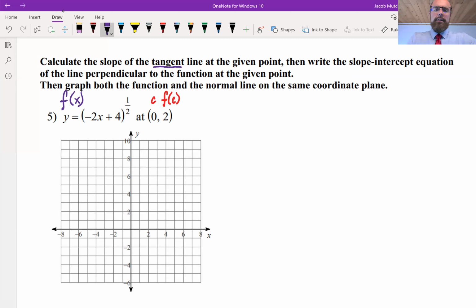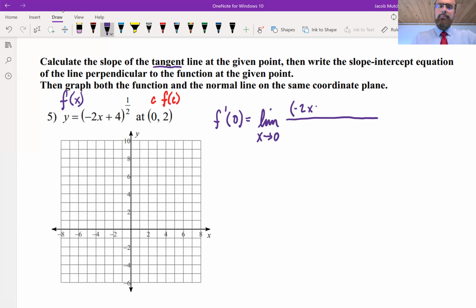So let's write f prime at c, here at 0. Again, that's the notation for the slope of a tangent line, equals the limit as x approaches my c value of 0 of the fraction f of x in the numerator, so that's (negative 2x plus 4) to the power of 1/2, minus my f of c value, 2, over x minus c, in this case, 0.